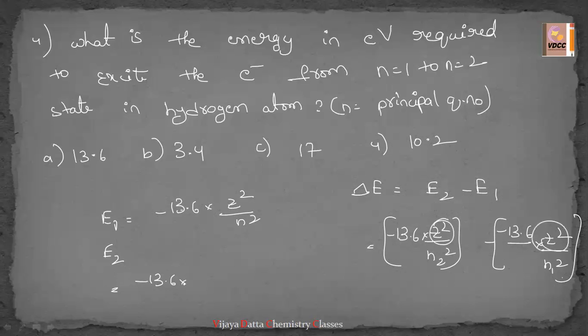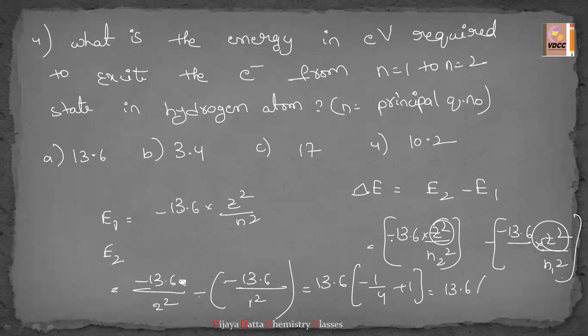So minus 13.6 by n2 square, that is 2 square, minus of minus 13.6 by n1 square, that is 1 square. We can take 13.6 common: minus 1 by 4, minus into minus plus 1. So we get 13.6 into 4 minus 1, so 3 by 4. If you calculate this, you will get 10.2 electron volts.